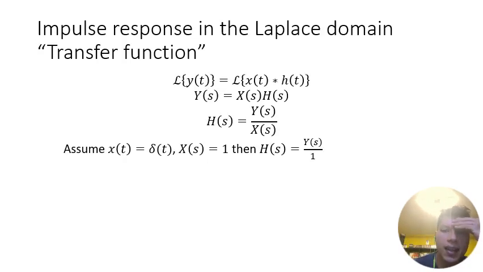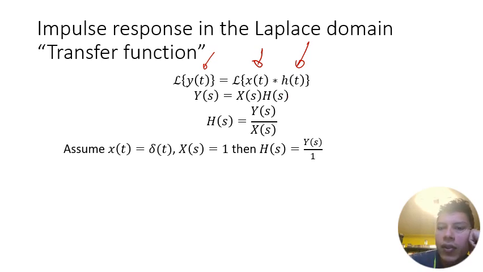Okay, so what is the transfer function? There are 2 ways to define it. One way is to say, if I have an input x of t, and h of t is my impulse response, then I know that the Laplace transform of the convolution will be the output.